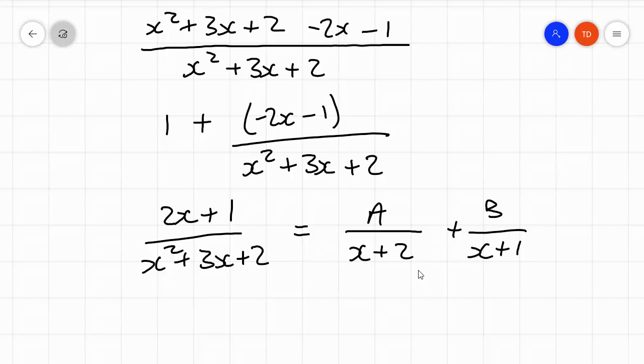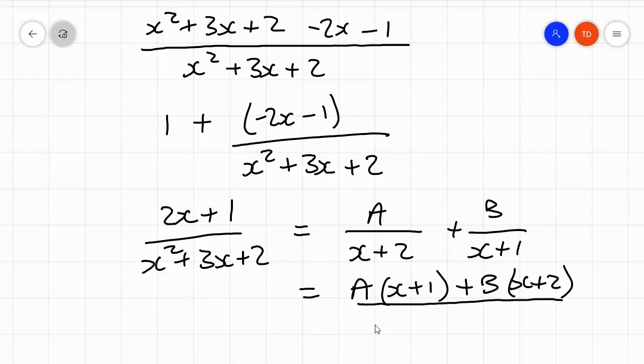Putting the right hand side over a common denominator, I'm going to get a brackets x plus 1 plus b brackets x plus 2 over x plus 2 brackets x plus 1.